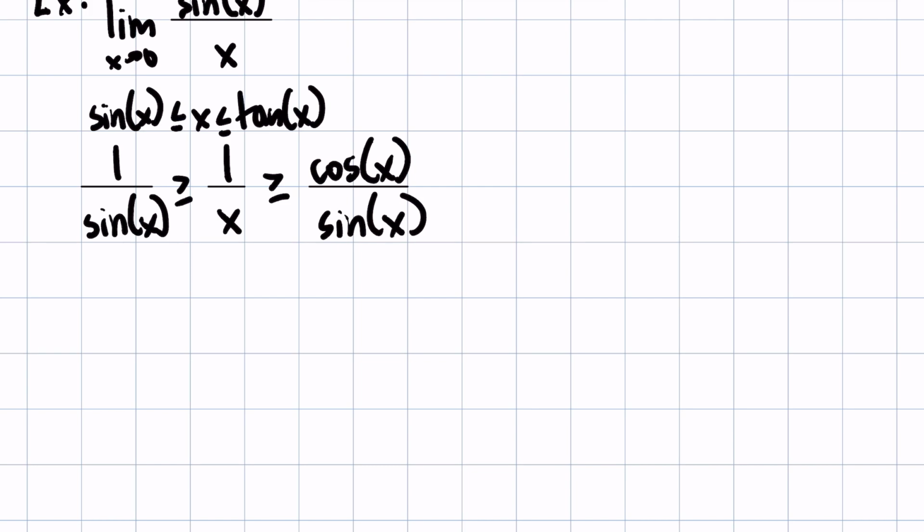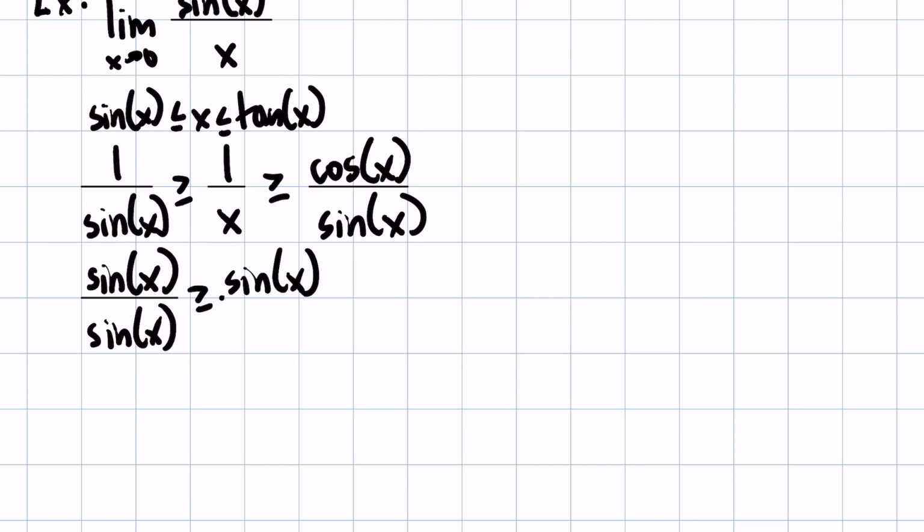Now, we have a 1 over x in the middle. We want sine of x over x, so we're going to multiply each part of the inequality by sine of x. So we have sine of x, sorry, my puppy's crying in the background, sine of x over sine of x greater than or equal to sine of x over x greater than or equal to sine x cosine x over sine x.